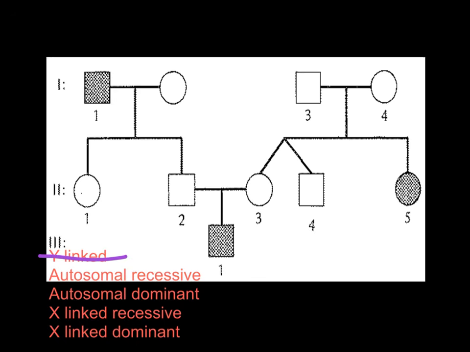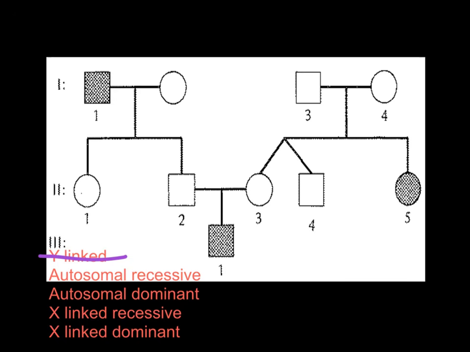Now, as I look at this family, what I notice is I have two unaffected parents having an affected daughter. If that's the case, we automatically know that this trait is not inherited in the autosomal dominant mode of inheritance.